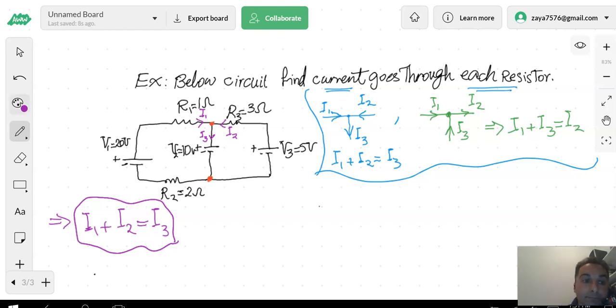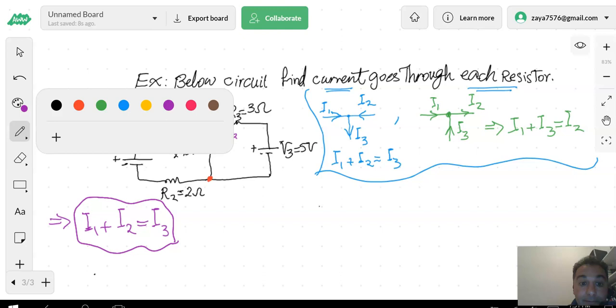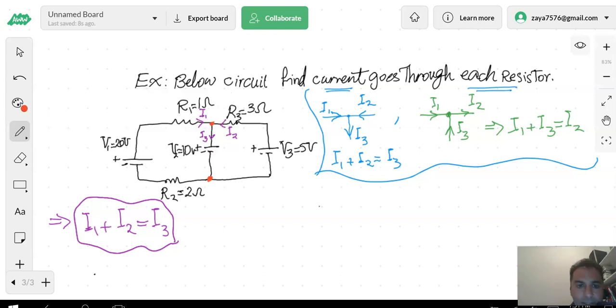Now, the next step, which I want you to pay attention to in this section, please, guys. Label all points and junctions by English letters.